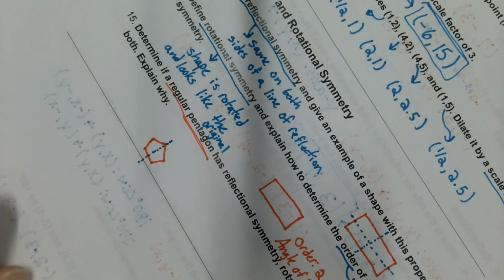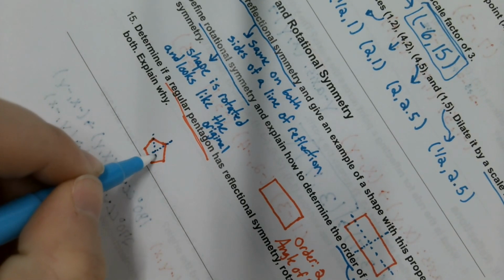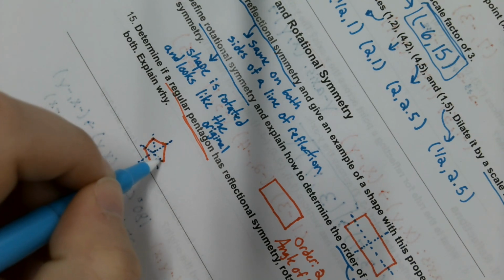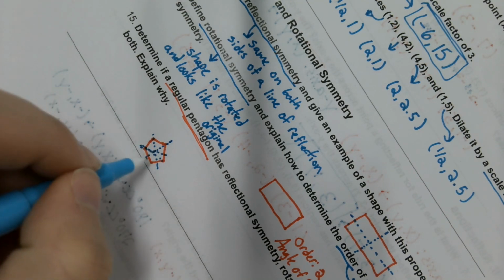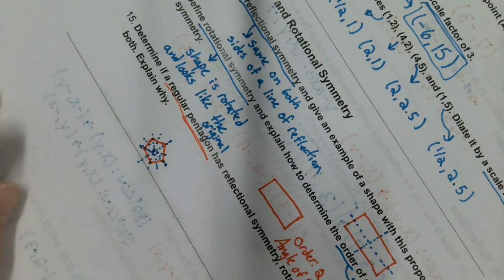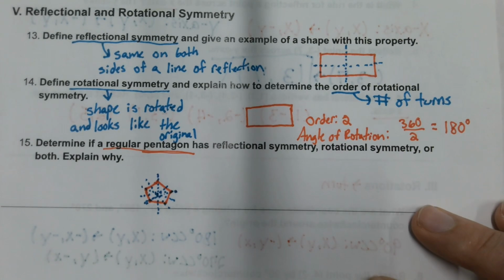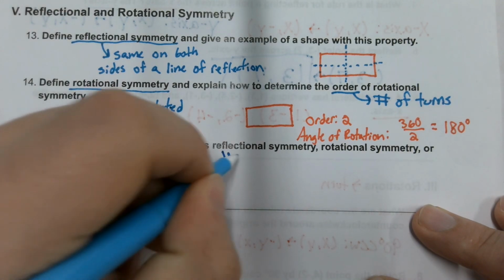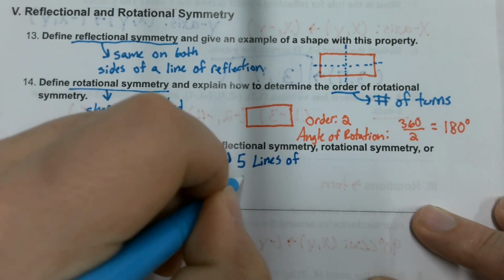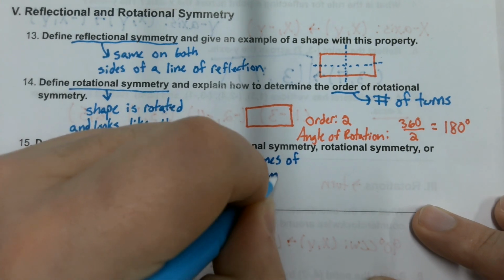And again, if I drew this perfectly, it should look the same like that. So this would also be like that. Oh, went the wrong way, like that, and like that. So in terms of reflectional symmetry, this would have 5 lines of symmetry.